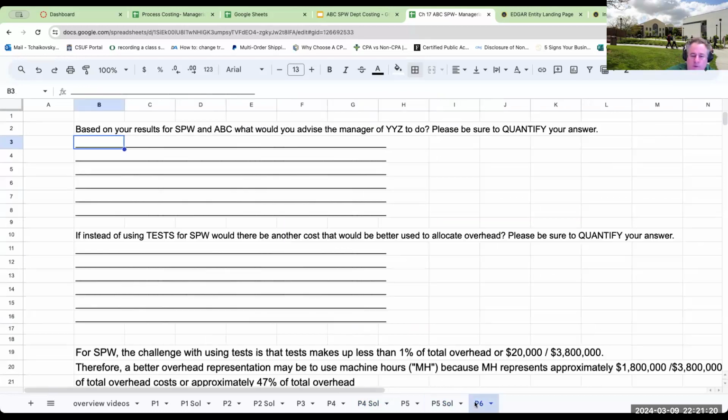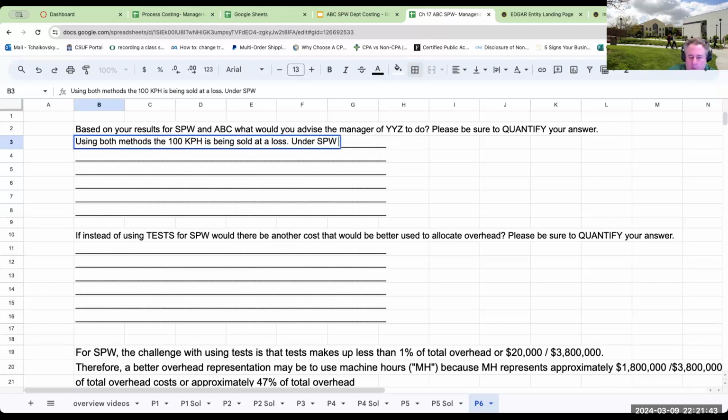Okay, so based on our results, the first thing is, both methods, the 100 kph is being sold at a loss. Okay.